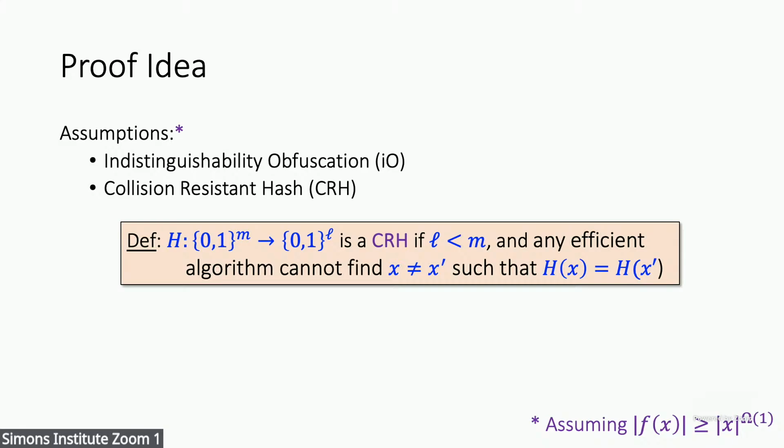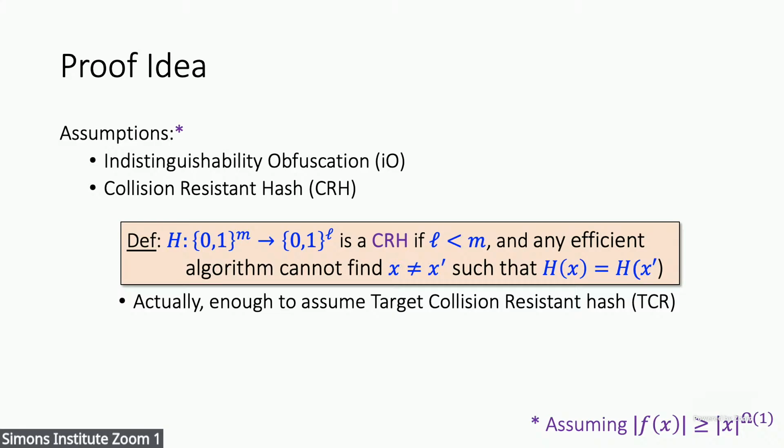And in the proof you can see that we actually do not need a collision-resistant hash function. It's enough to use a target collision-resistant hash function or universal one-way hash function, a primitive that can be constructed from one-way functions. So we can replace this assumption with the assumption that NP is hard. But in the proof that I'm going to show you, I will just assume that I have a collision-resistant hash function.